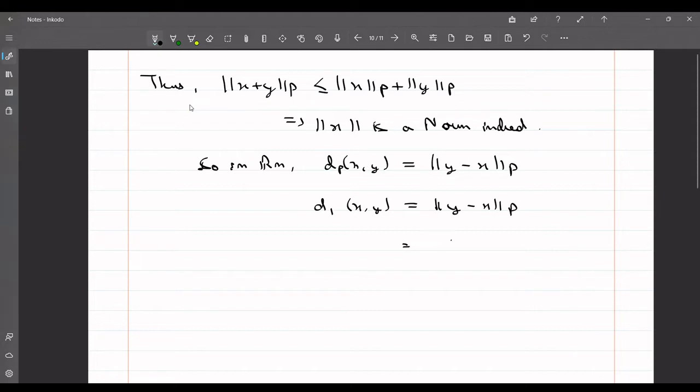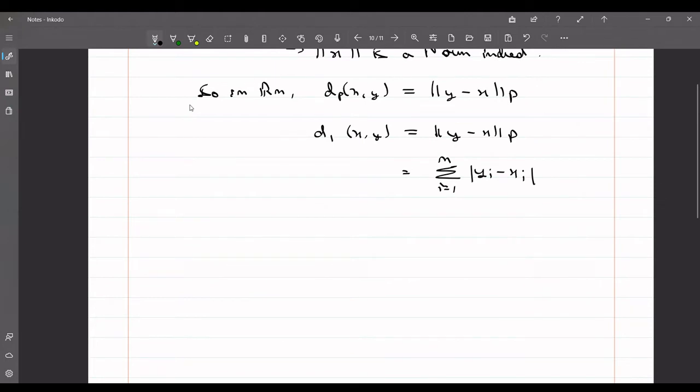This is the summation i equals 1 to n of |y_i minus x_i|, right? Or we can generalize this, that is, d_p(x, y) can be written as summation i equals 1 to n. So norm of y minus x is our definition. We have the definition of the norm of x, so just putting y minus x in place of x, we are done.